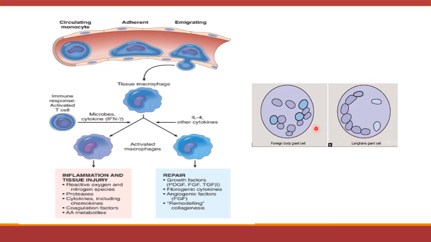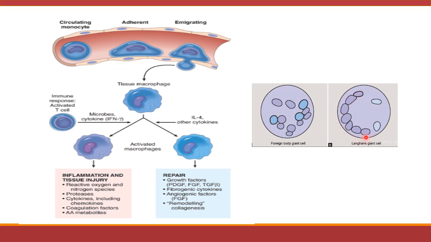And we have another type of giant cells where the nuclei have a certain arrangement. They arrange themselves in a horseshoe appearance, or something like a C shape. This appearance is an arrangement of the nuclei near the border or near the cell membrane, along the cell membrane.